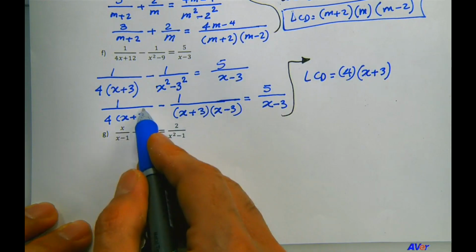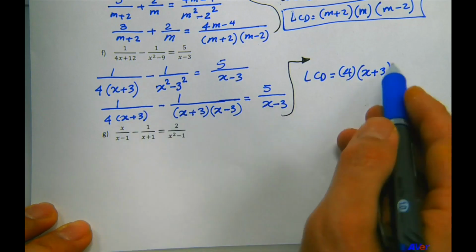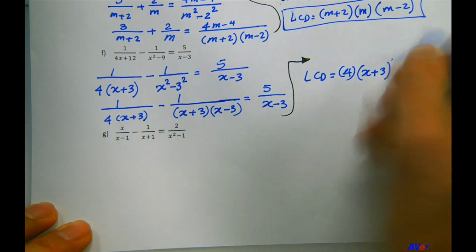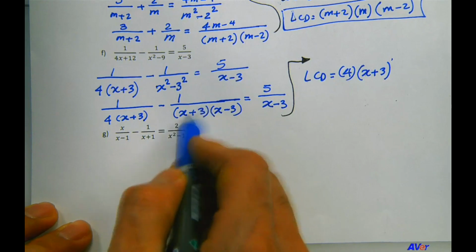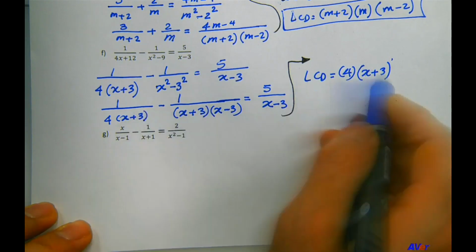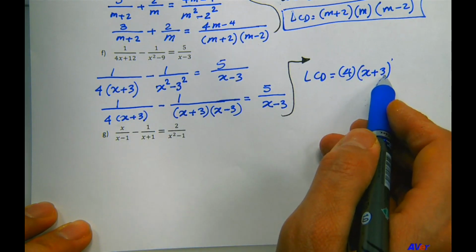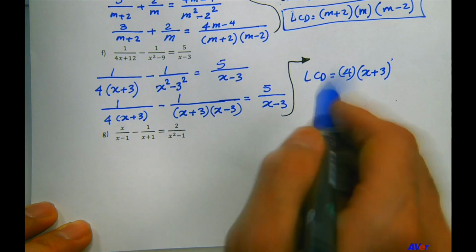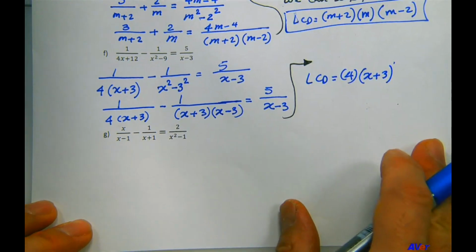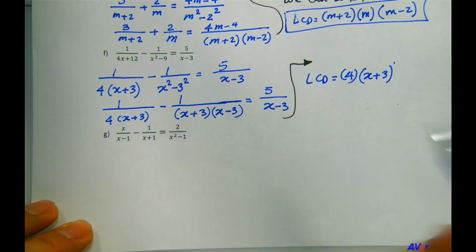Just 1. In both cases, it has a highest power 1. So we include it with power 1. If you had x plus 3 squared here or here, then in the LCD, we would include x plus 3 squared. Okay? So the LCD must contain each factor of the denominators in the highest power it appears.